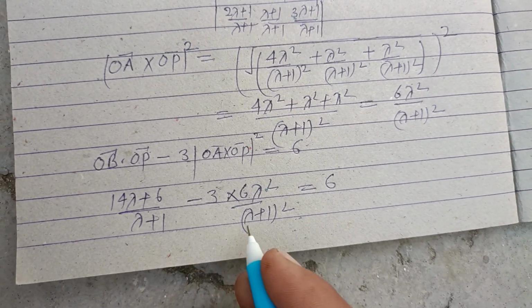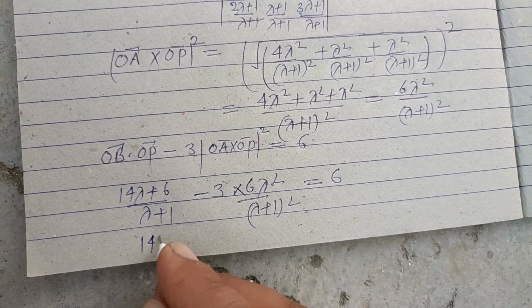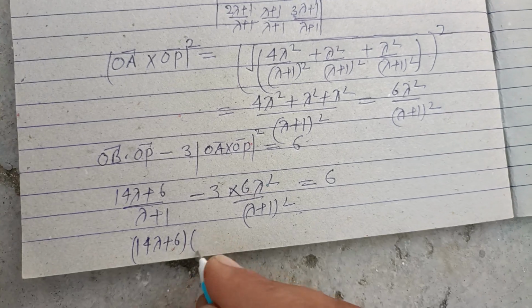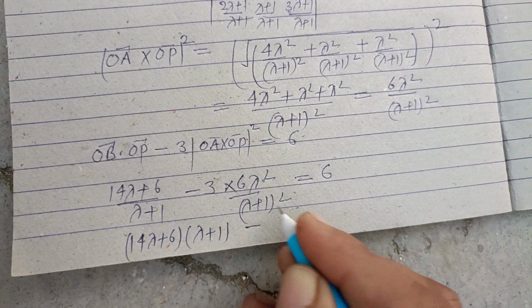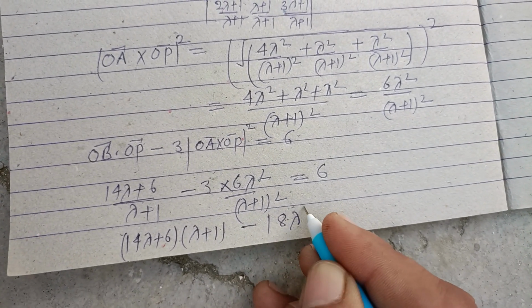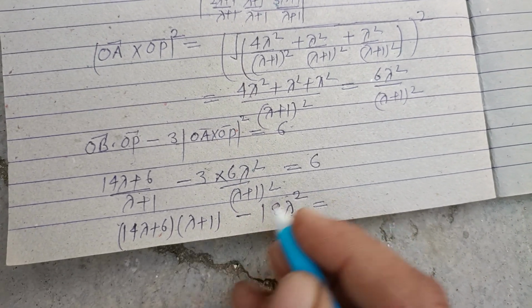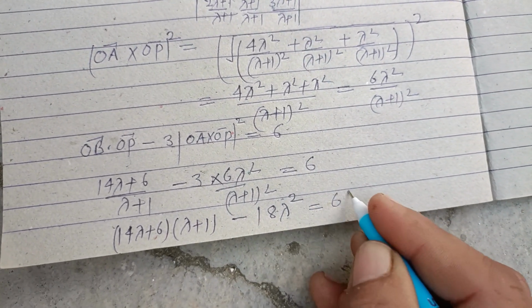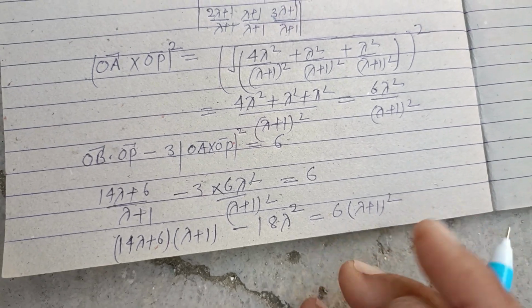So solving this, (14 lambda plus 6) into (lambda plus 1) minus 18 lambda square, and the denominator comes to this side, equal to 6 into (lambda plus 1) whole square.